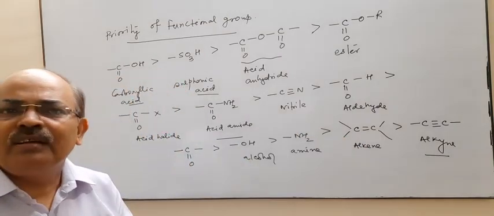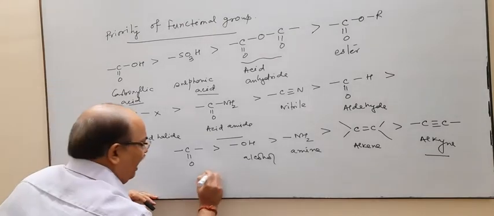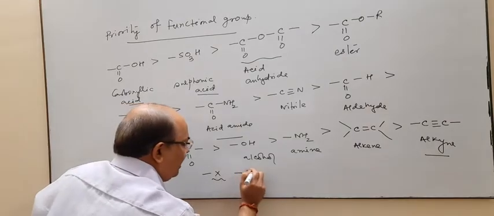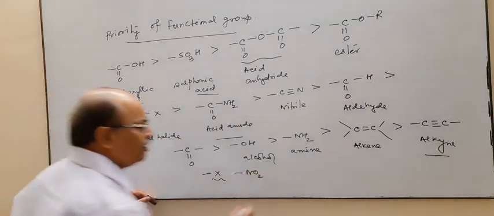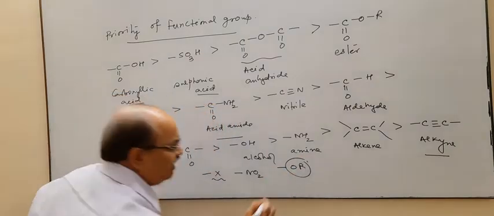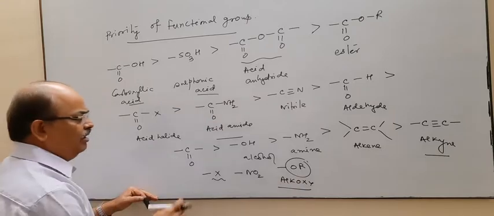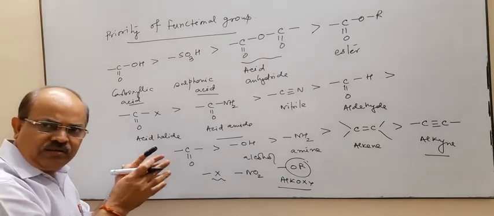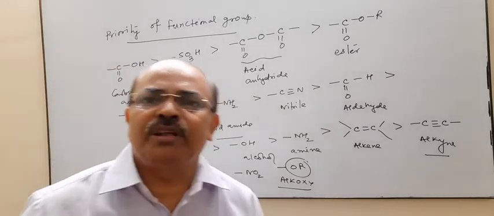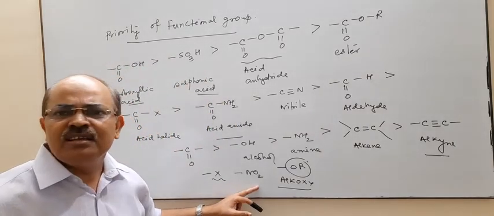Now groups like halo, meaning halogen such as chloro, bromo, groups like nitro, and groups like alkoxy, which is your ether, this is your OR alkoxy. For these groups we simply use prefix. We simply use prefix, meaning they are actually substituents.